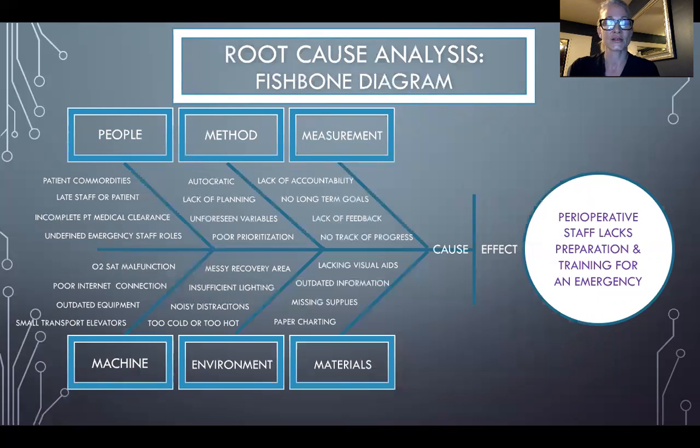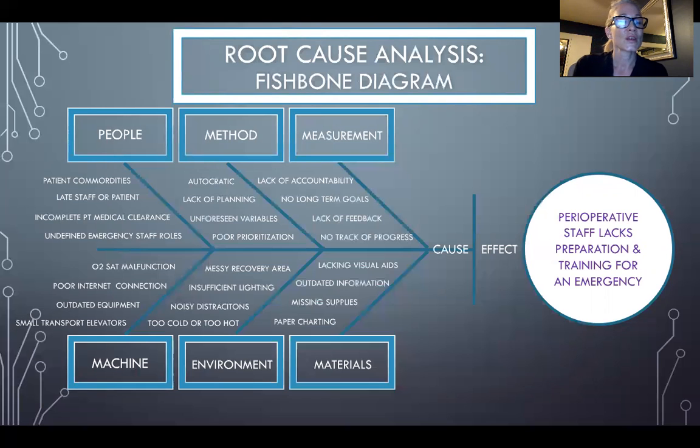I found this to be really helpful, actually, because if you look, let's say, under people, some of the causes that can lead to the perioperative staff lacking preparation and training for an emergency are patient comorbidities, kind of as a side note, because once again, elective surgery equals healthy patients. Therefore, we then aren't as up to our level and skill level of training because we feel it's not necessary.